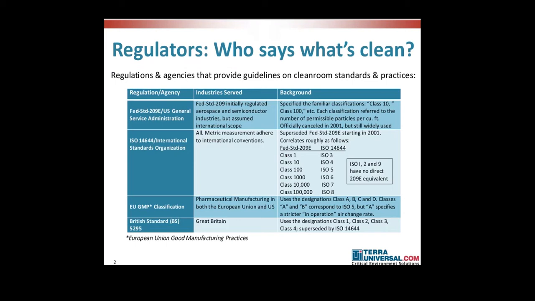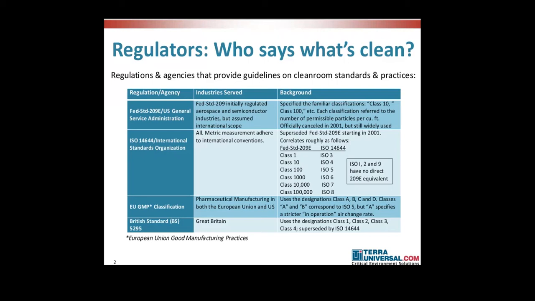So ISO 3, 4, 5, 6, 7 replaced the old Class 1, 10, 20, and so forth. We also have European GMP guidelines in effect, which have been influential in the United States as well as Europe, and a different classification system in Britain. So there are a number of bodies out there, but the ISO standards are increasingly the predominant recommendations now.